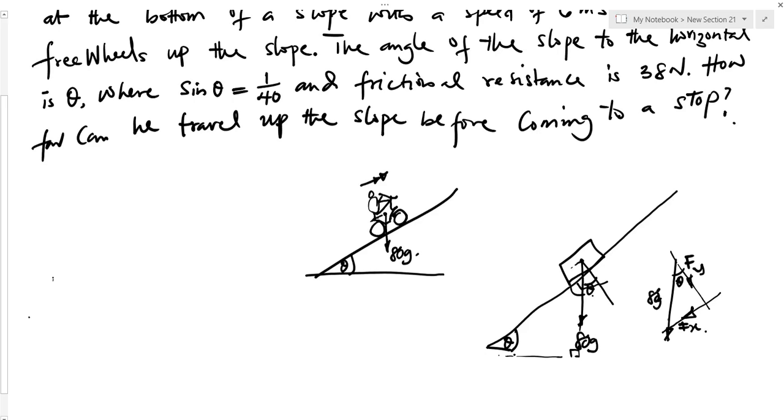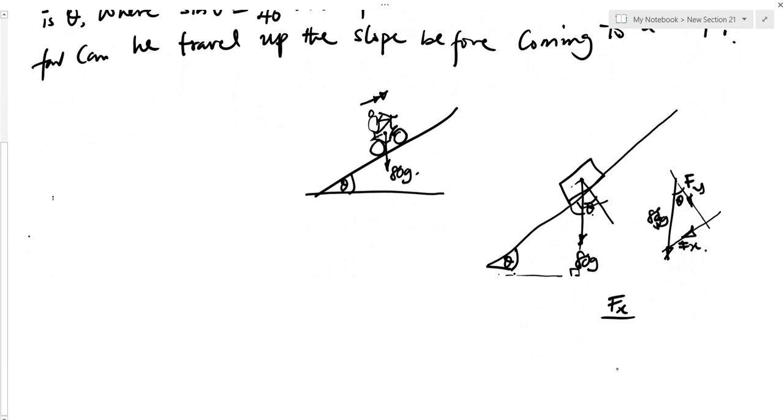Now if you want to resolve this weight, which is 80 g, you will have F subscript x over 80 is the same thing as sine theta, because F subscript x is the opposite of the angle and 80 g is the hypotenuse.